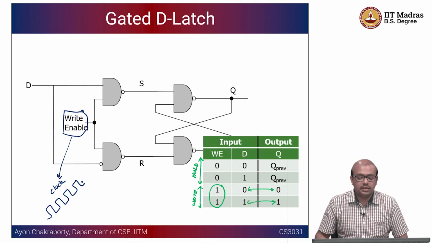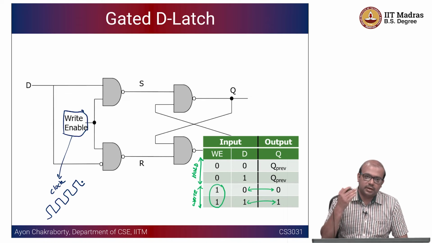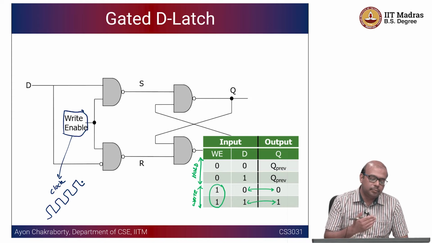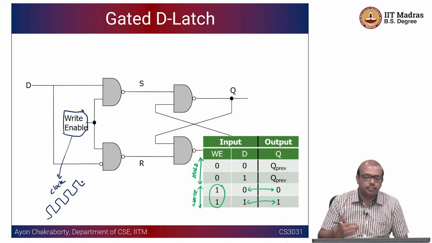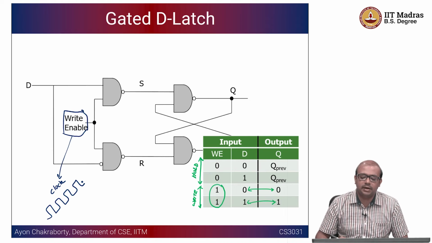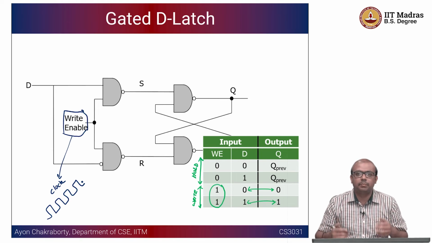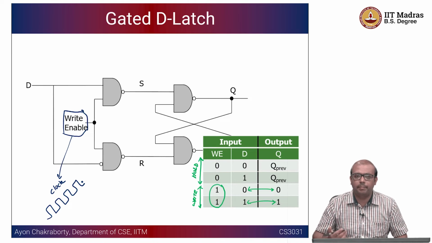The frequency at which I can update the value of Q depends on the frequency of the clock. The more states per second we can put in the clock, the faster the operation of this D-Latch is going to be, and we can update the values at a faster rate, which is required for computation.